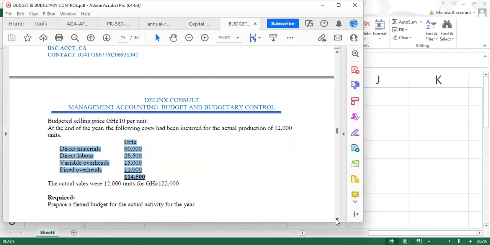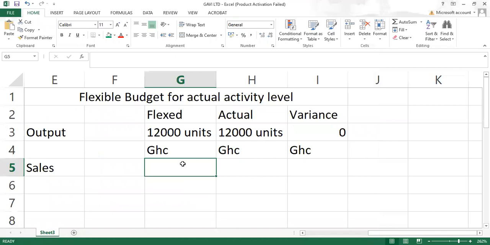How much do you want to sell a unit of product? 10 cedis. So all things being equal, how much would you have realized from the actual sales? 120,000.